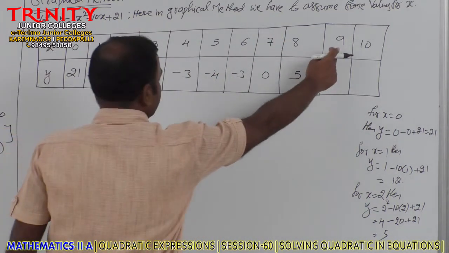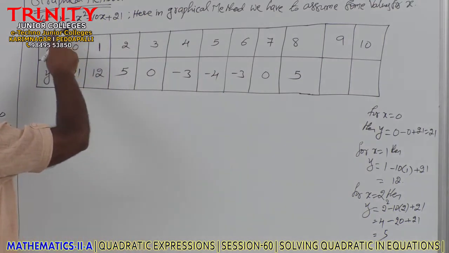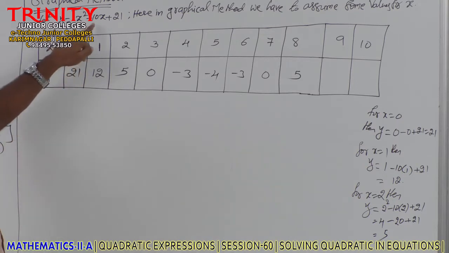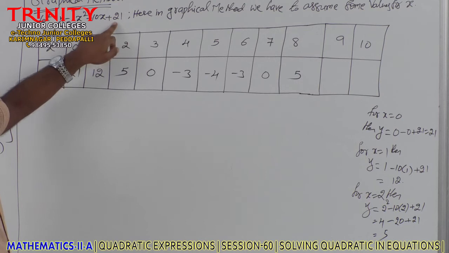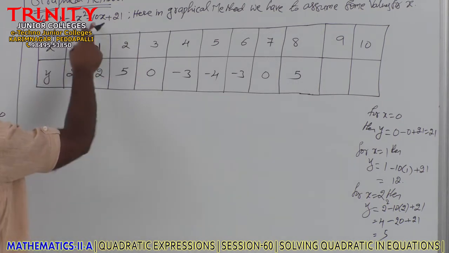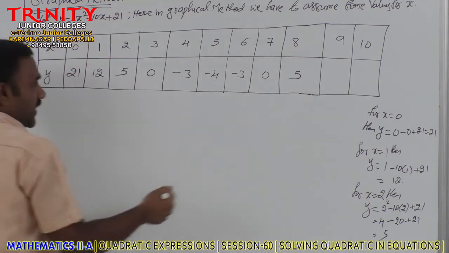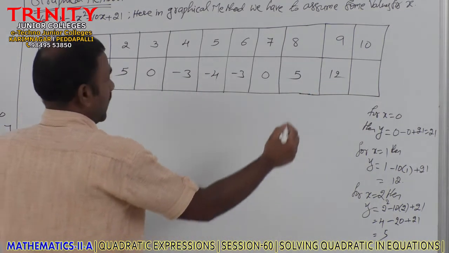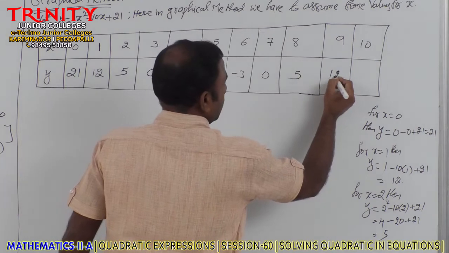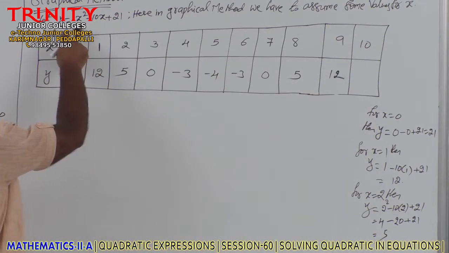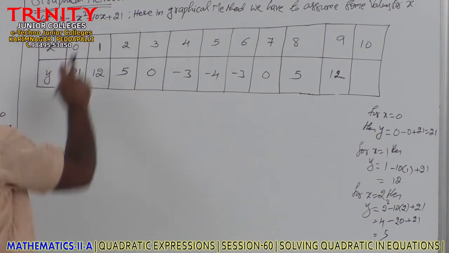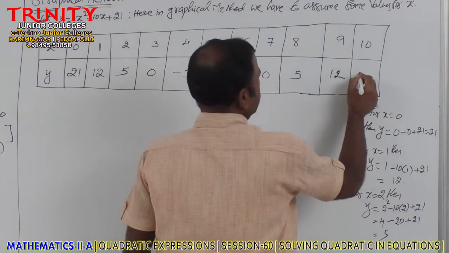For x is equal to 9, 9 squared is 81, minus 90 plus 21: 81 plus 21 is 102, 102 minus 90 is 12. For x is equal to 10, 10 squared is 100, 100 cancels, and 21 remains.